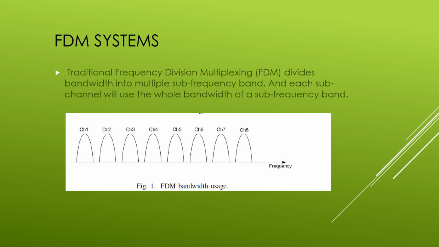The reason to do this is to eliminate the interference of the adjacent channels, because there is no signal overlapping of these channels. But it will introduce the problem of low bandwidth utilization.